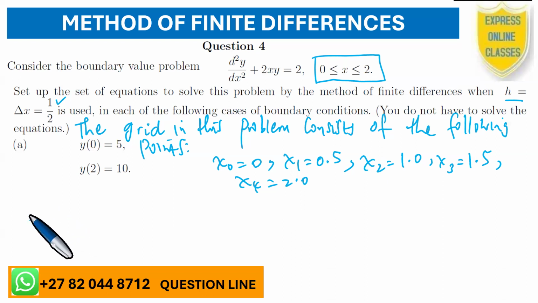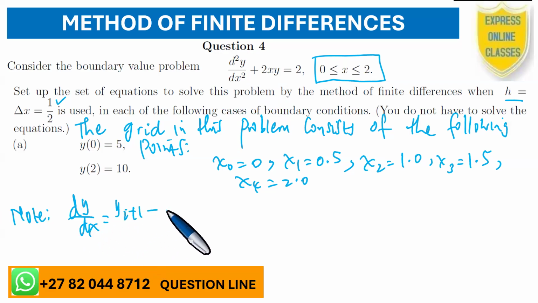I would have actually given a note. The note is that whenever we have dy dx, like in the exam, they might put a dy dx there. Like you can see the first derivative is yi plus 1 minus yi minus 1 divided by 2h.